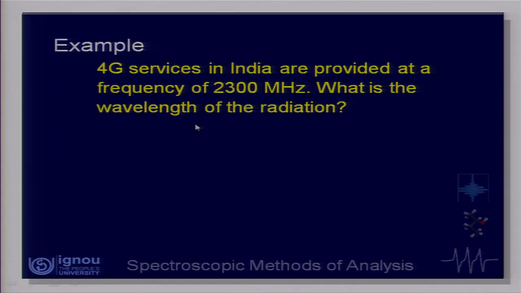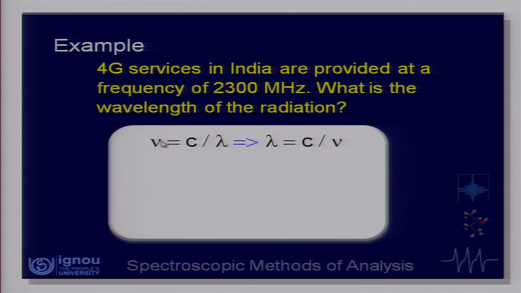Nowadays we are talking about 4G services in the mobile sector in the Indian context. These 4G services in India are provided at a frequency of about 2300 megahertz. So, what is the wavelength of the radiation? Let us try to solve this simple problem, just an application of the formulas we just learnt. We find that frequency nu is equal to c by lambda. This implies that lambda is c by nu.